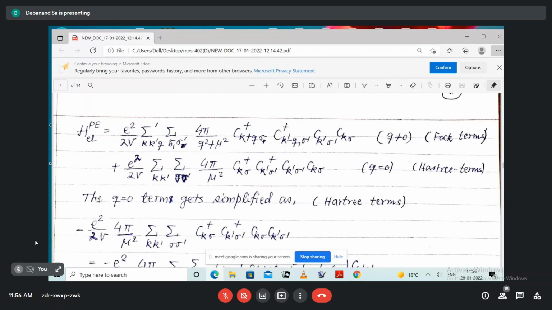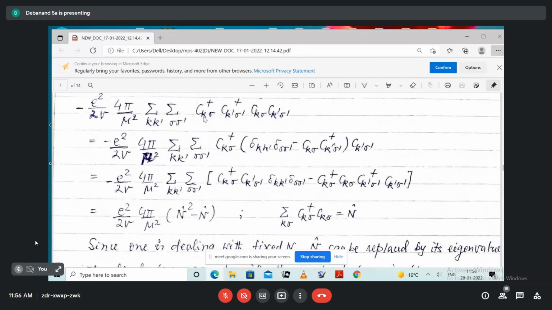So I can think of writing this in a classical way, meaning I can change a little bit here. I can bring K this side and C dagger this side so that I can write it like this with an anti-commutation relation.